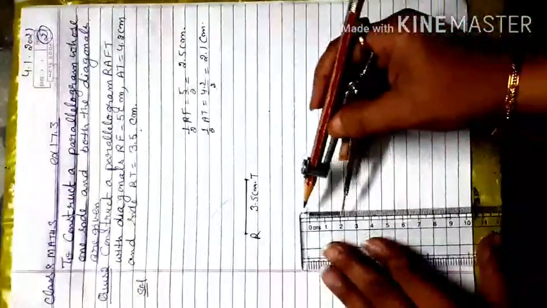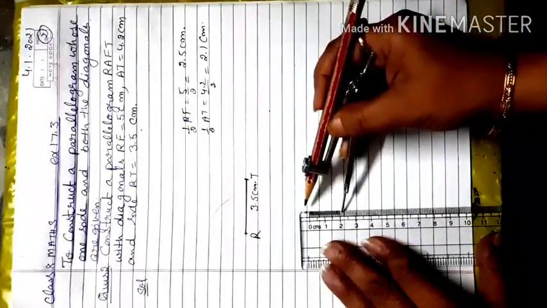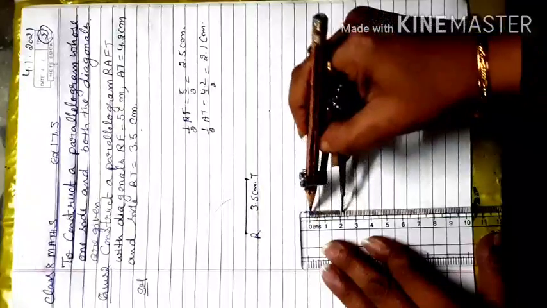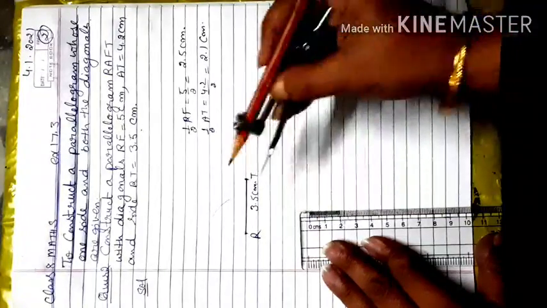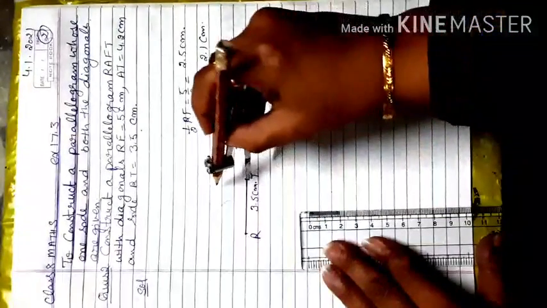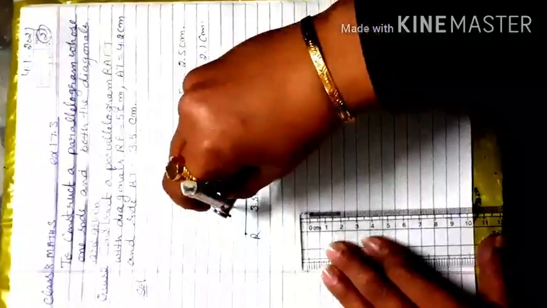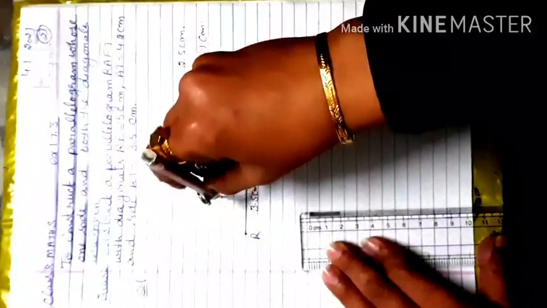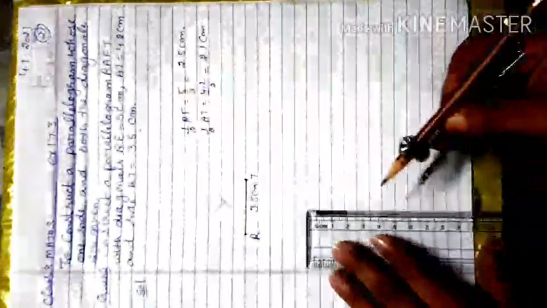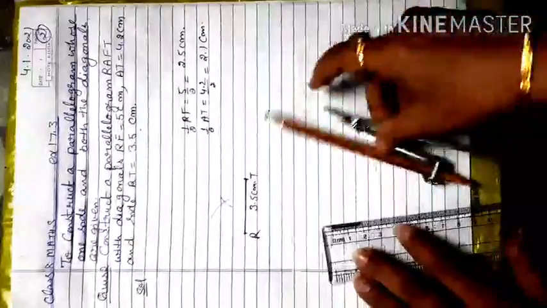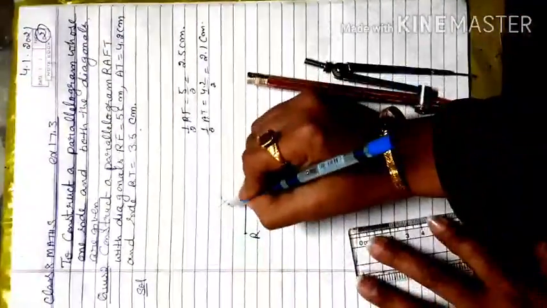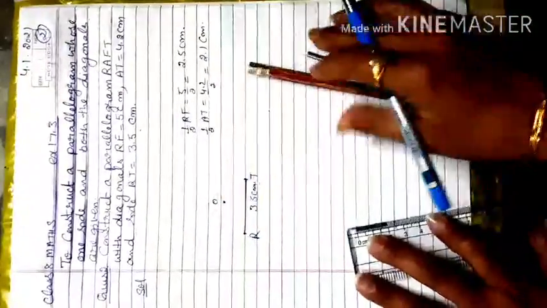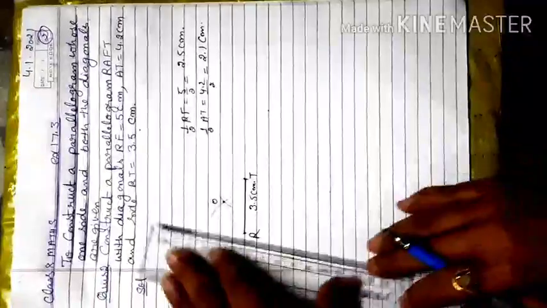Another half of the diagonal is 2.1. Now open the compass as 2.1 centimeter, with T as the center and 2.1 as the radius, and cut the first arc at a distance of 2.5 centimeter. Now this point we will consider as our point O, the intersecting point of the two diagonals.